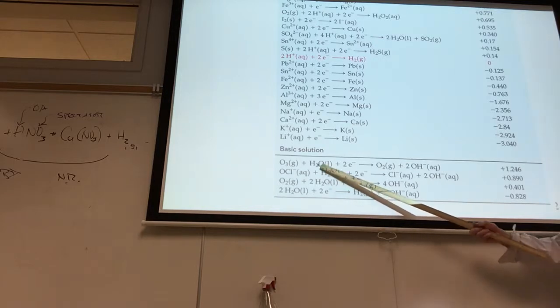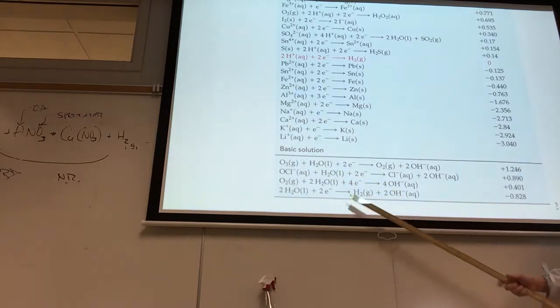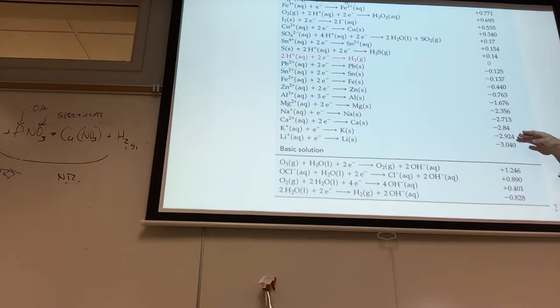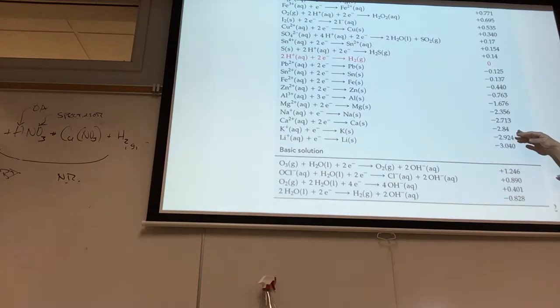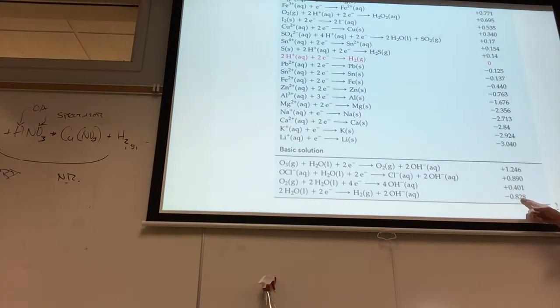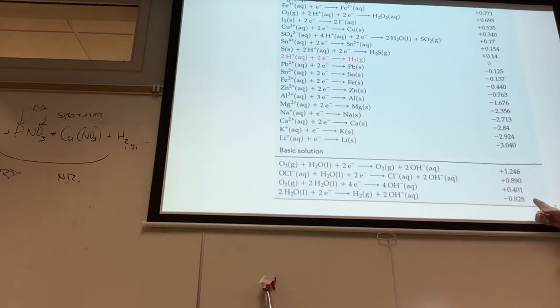Anyway, this chart's very odd. What we have to do with this chart is use these numbers. We aren't going to deal with these numbers until later, but you're going to use them to position species in the chart and rank them. If you look at water, water has a minus 0.828 volts. This is actually volts.